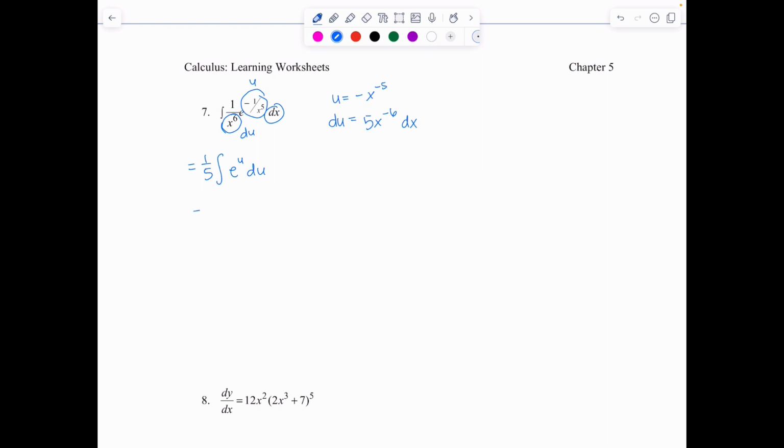Taking the integral, 1/5, e to the u is just e to the u plus c. And let's substitute back in. So we'll have 1/5 e to the negative 1 over x to the 5th plus c. We'll check.